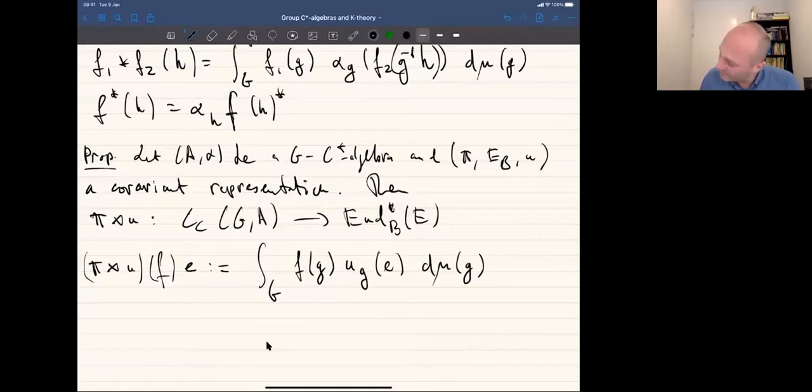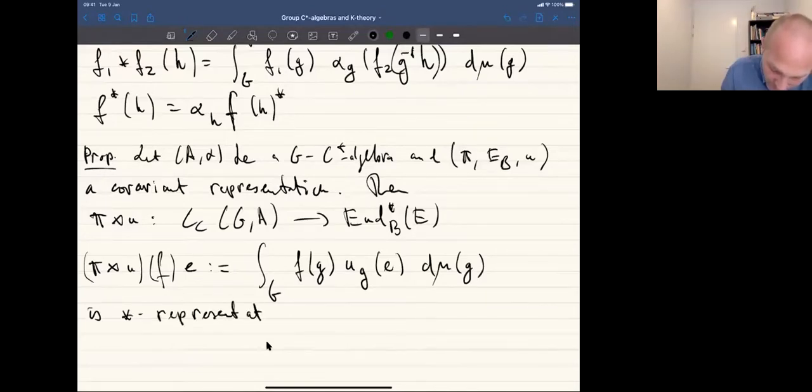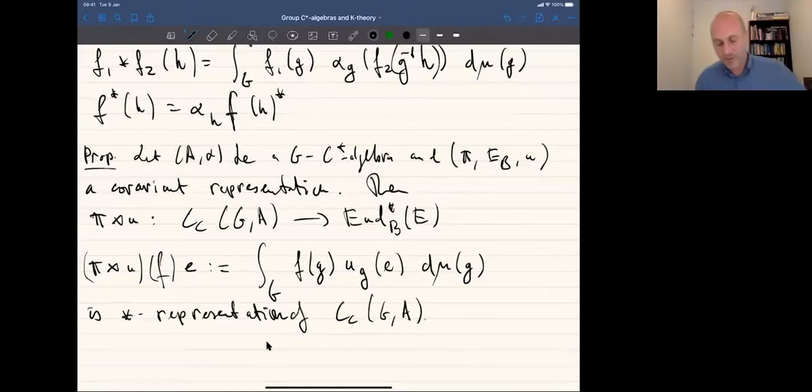You can check that this is a star representation of C_c(G, A). And so suppose this were injective, then you would get a C star norm from the endomorphisms on the module, and you could close it.